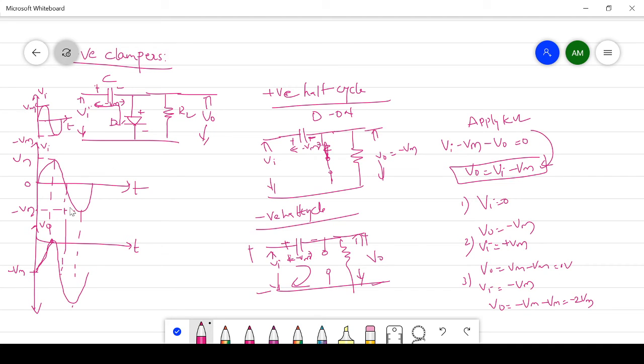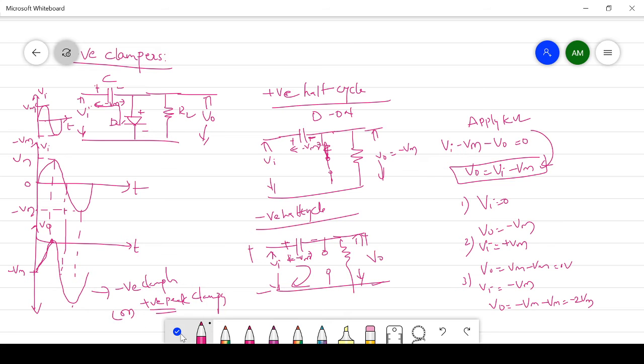Whenever we apply a sinusoidal input signal, the complete input signal is moved downwards. So it is a negative clamper, also called a positive peak clamper, because the positive peak is moved to the negative side.